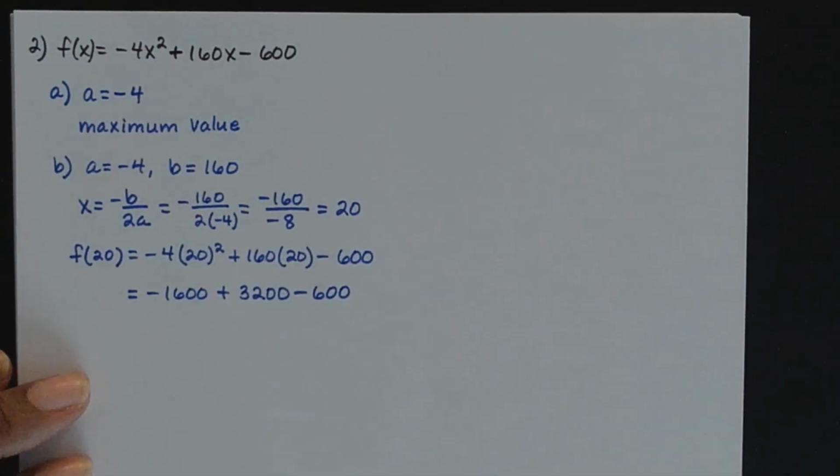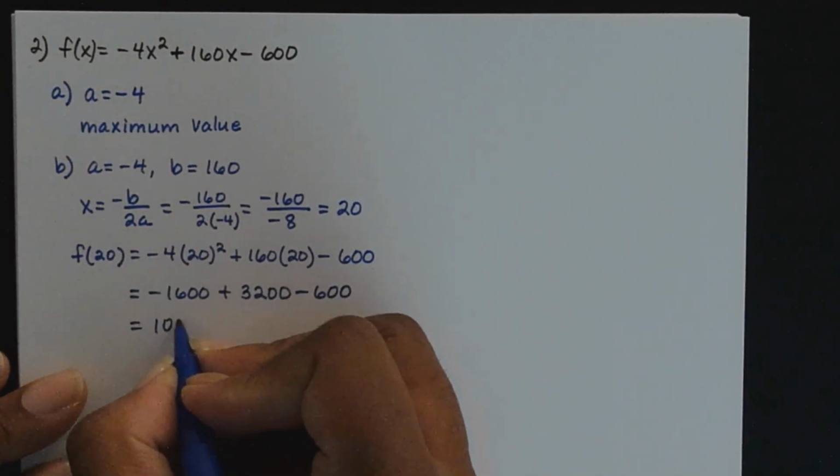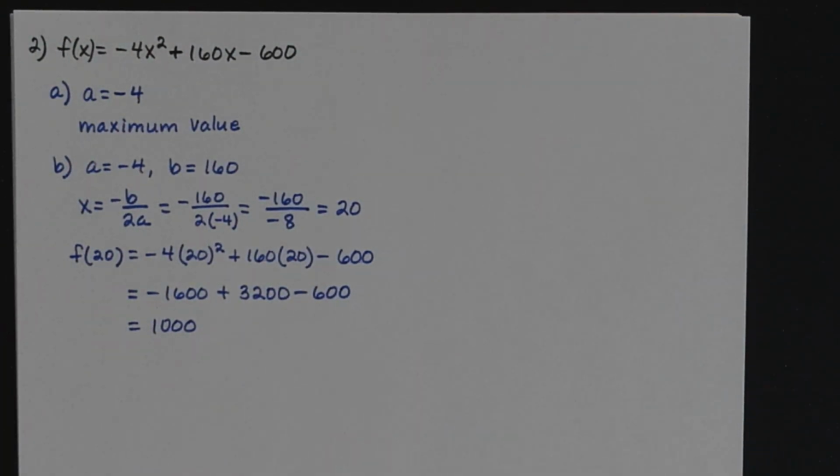And then minus 600. Negative 1600 plus 3200 will be 1600, minus 600 would be 1000. So that 1000 represents the maximum value, and it occurs when x is equal to 20.